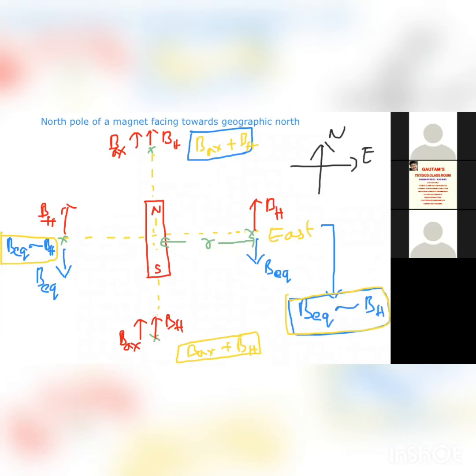So we have two lines here. This line we call the equatorial line, and this line we call the axial line. On the axial line the fields are added, on the equatorial line the fields are subtracted. Here our target is to find a null point. This is the east point, so obviously this will be west.